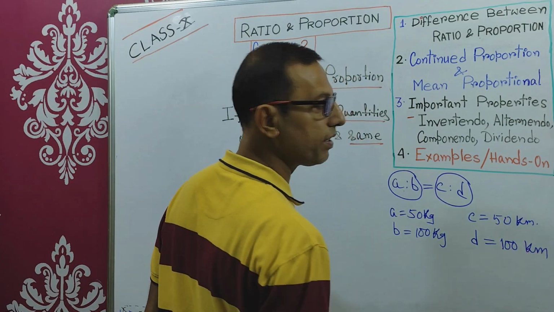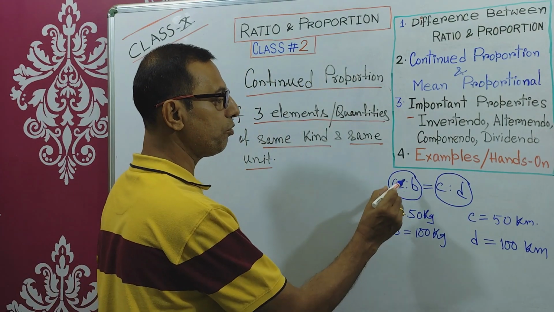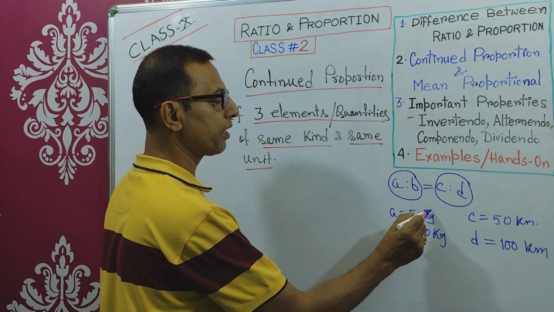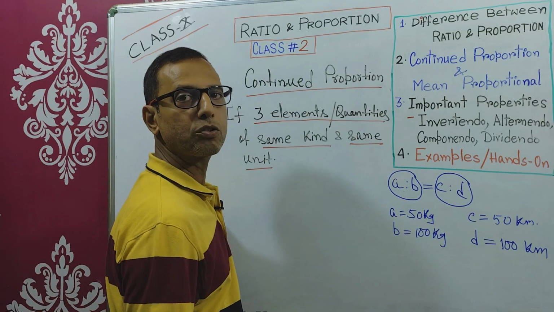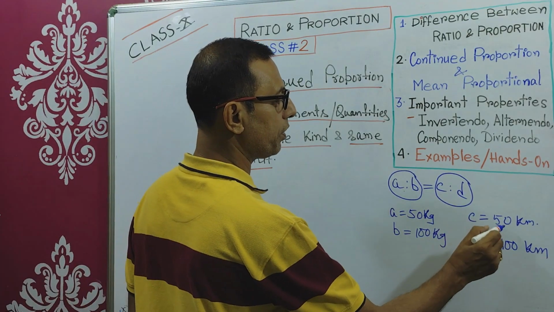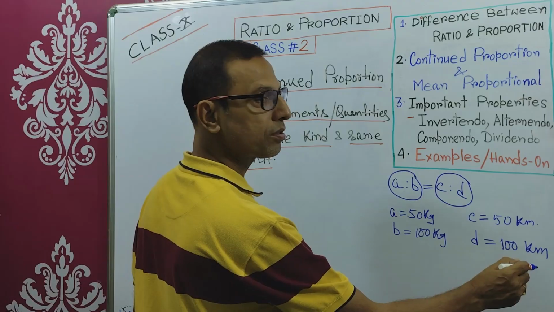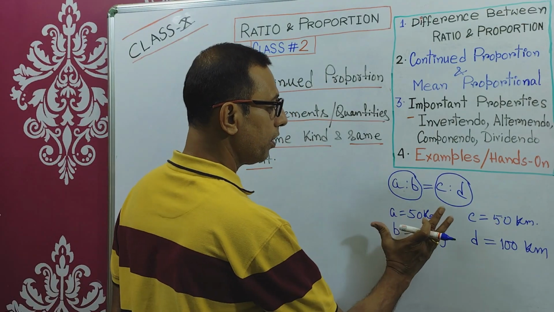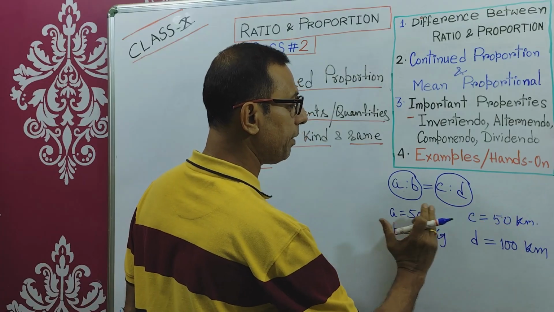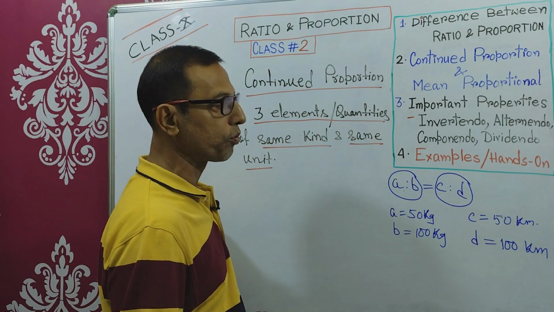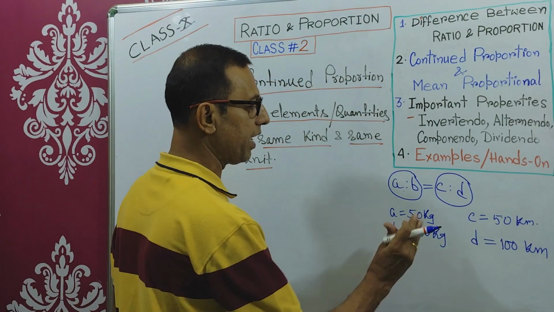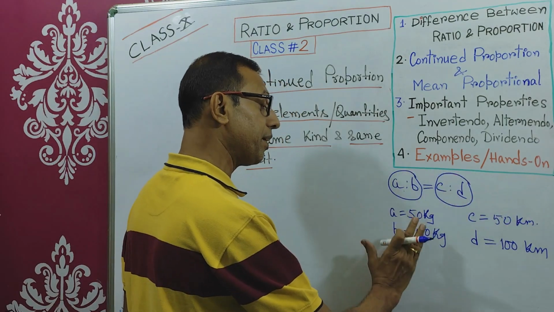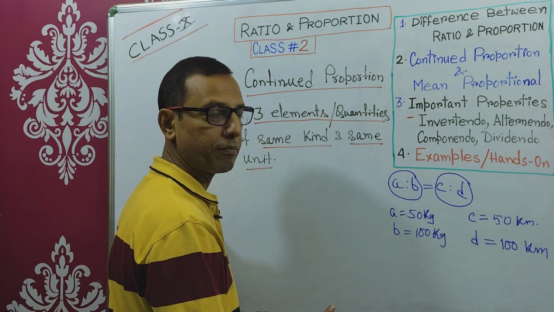Just one example. So when you make A is to B, what is the ratio? Kg cancels, 50 is to 100, 1 is to 2. For C is to D, same thing, the same unit, and the ratio is 1 is to 2. So not necessarily will all four of A, B, C, D have the same kind and same unit. A and B are separate, C and D are separate. It may be same, it may not be same.